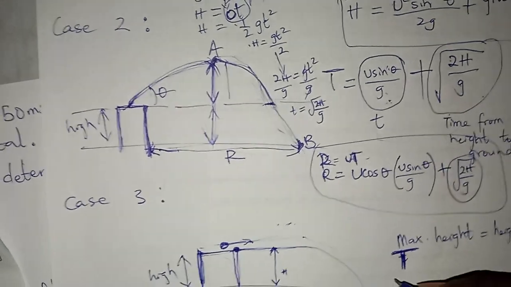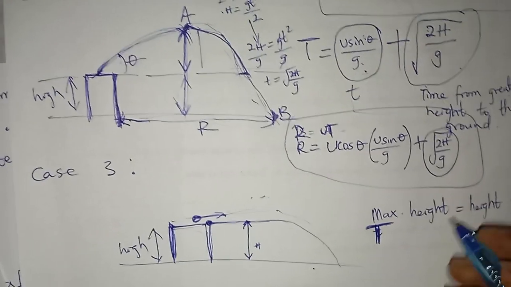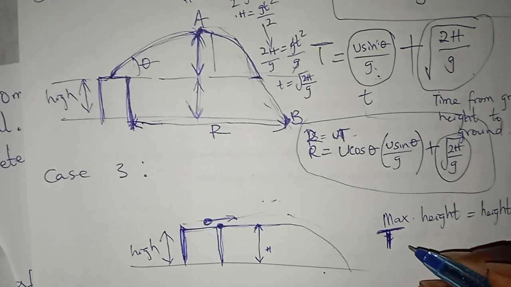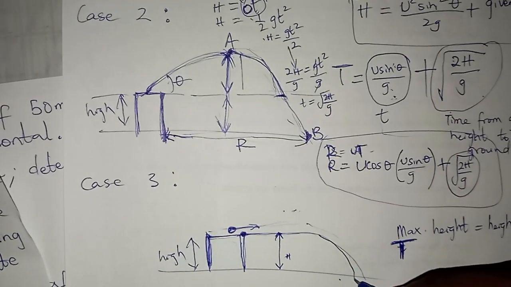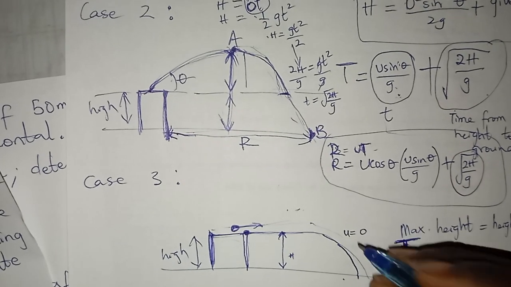I told you in class that this formula S equals to ut plus half gt square is very important, but you just need to be observant when it should be minus and when it should be plus. Notice that whenever anything is coming down, the u is 0.